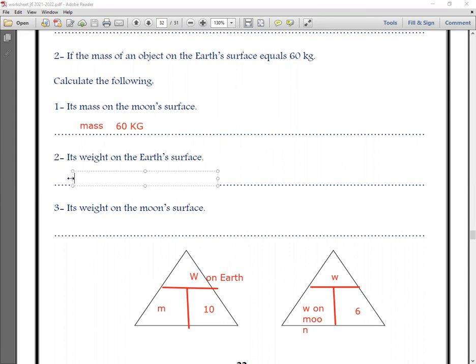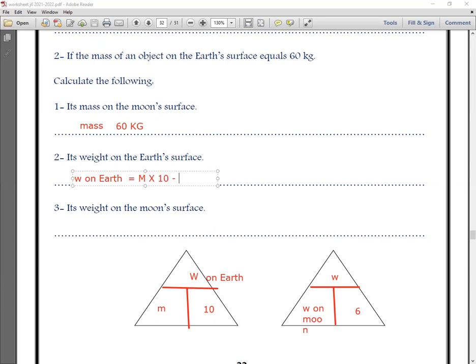So you must write the rule. Weight on Earth equals mass times 10.